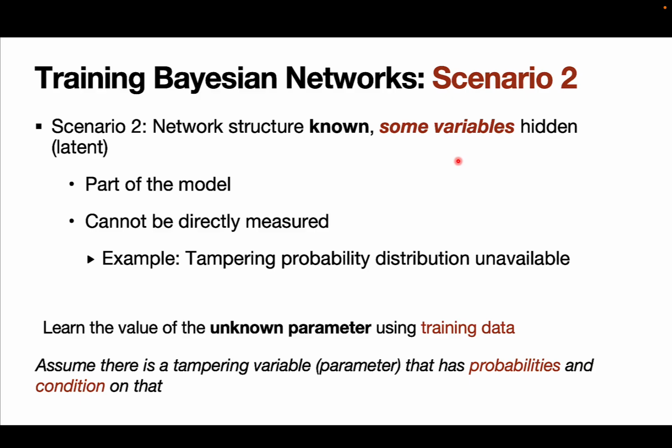For example, if the graph suggests a tampering variable with associated probabilities and conditions, now the goal becomes to learn the value of these unknown parameters using the training data. We can always use the structure to define the optimization task. Also, we can start with some initial assumptions about the probabilities, then refine them as we go through the learning process.